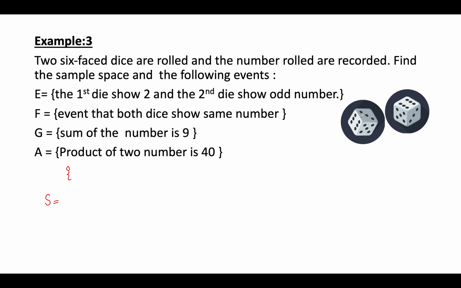if I throw the 2 six-faced dice, I might get the first die 1 and the second die 1 on top. Or it might be 1, 2, or 1, 3, or 1, 4, 1, 5, or 1, 6.